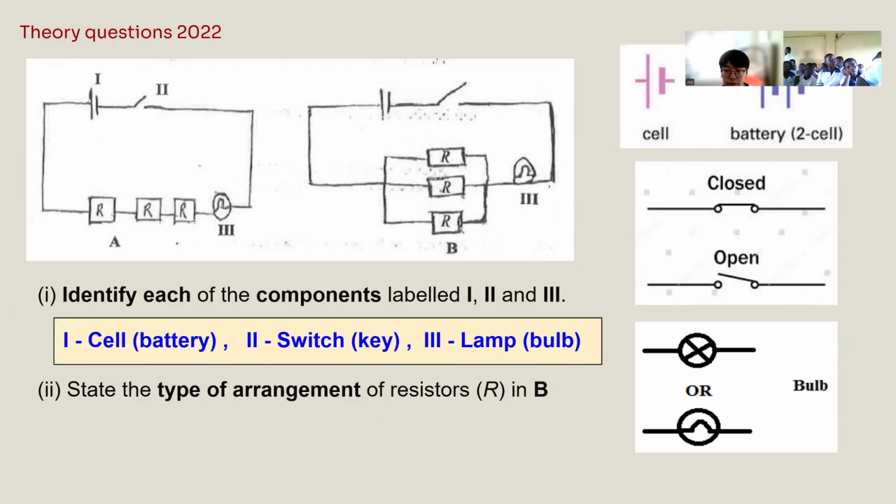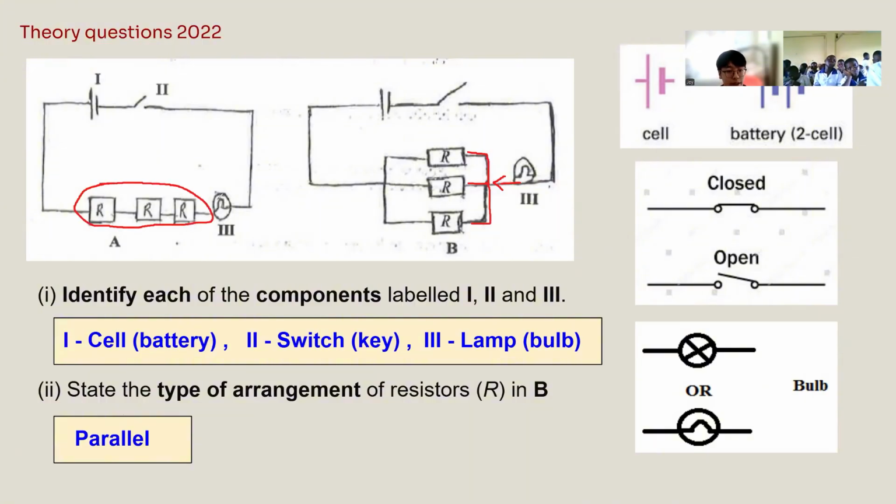I like parallel circuit. I think I heard parallel, and that is right. If you said parallel, that would be correct. Because you can see that the flow is going this way. There are multiple branches here spreading out. On the other hand, A is a series, but B is parallel.